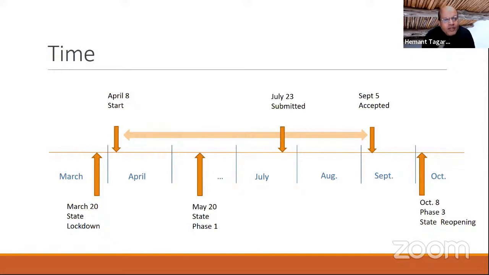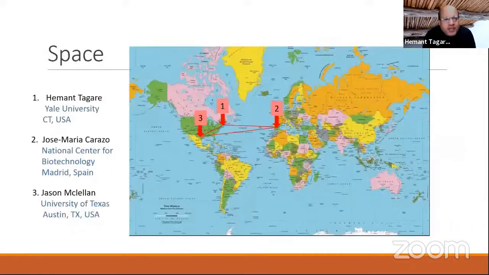So there were a lot of challenges because of the timing of this research compared to the pandemic. There were also space challenges. We of course cannot do all of this. We are only the computational part, the last part. This was a collaborative effort that was in some sense an international effort.